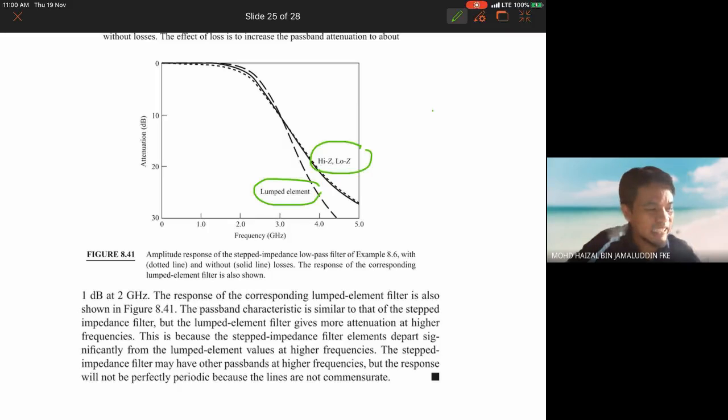However, when using the step impedance, for certain applications it is acceptable with this kind of cutoff frequency, which is less sharp. So yeah, it's okay to use this step impedance filter design.